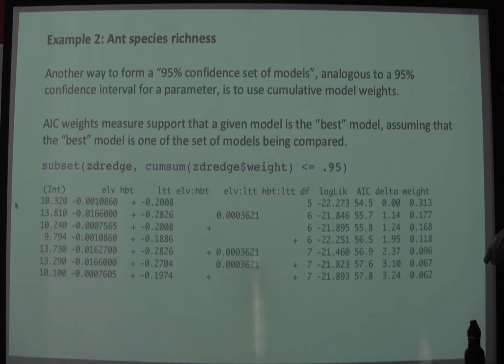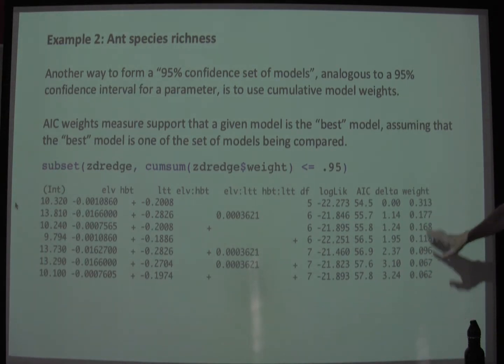Another way to figure out this sort of confidence set of models, all the models that have some support, is to use a measure that's somewhat analogous to a 95% confidence interval, and that's to use cumulative model weights. So these are the terms here. A weight is sort of the weight of evidence that this is the best model.